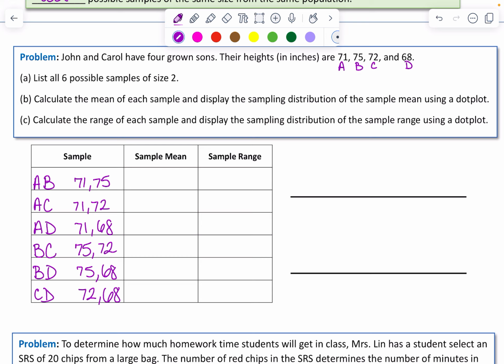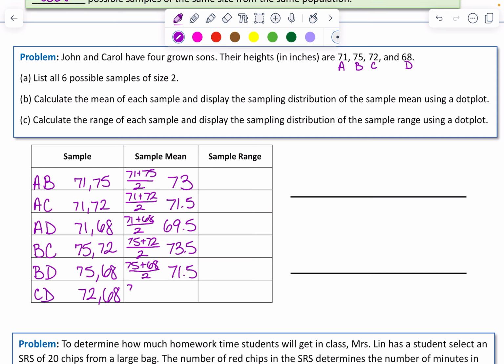So 71 plus 75 over 2, that's 73. 71 plus 72 over 2, that's 71 and a half. 71 plus 68 over 2, 69 and a half. 75, 72 over 2, that's 73 and a half. 75 and 68 over 2.